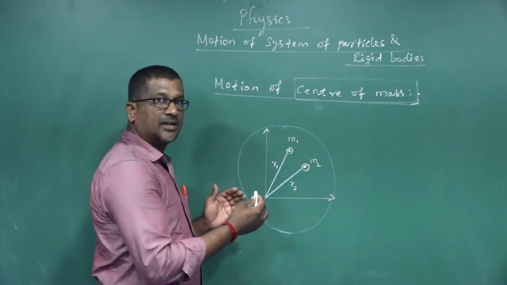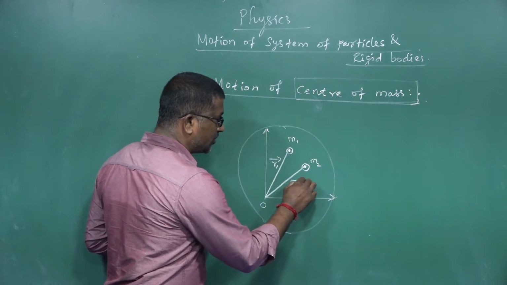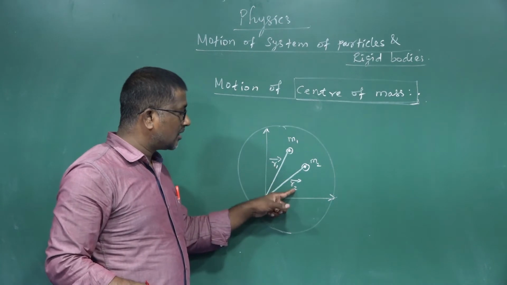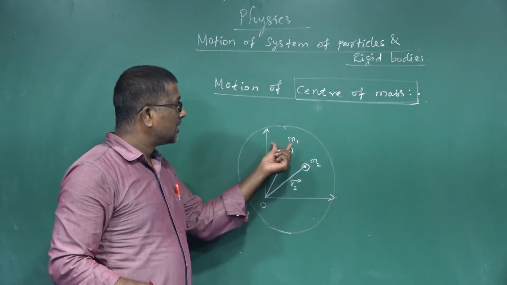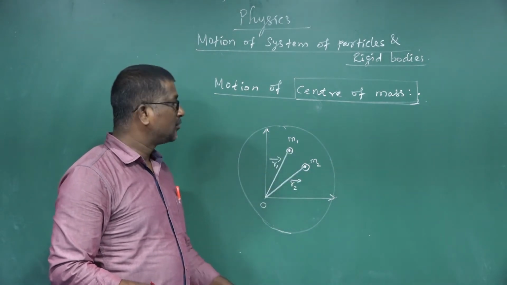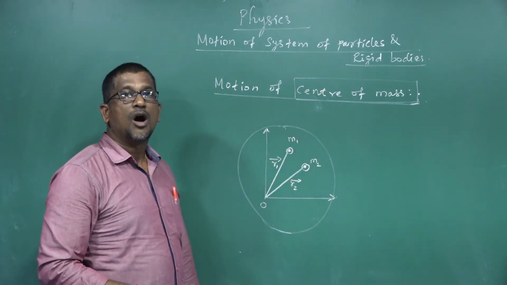Position vector is a vector quantity, so it should be written in vector form. That is, r1 vector and r2 vector are the position vectors of the first particle and the second particle. The mass of the first particle is m1 and the mass of the second particle is m2, and their distances from the origin are r1 vector and r2 vector.